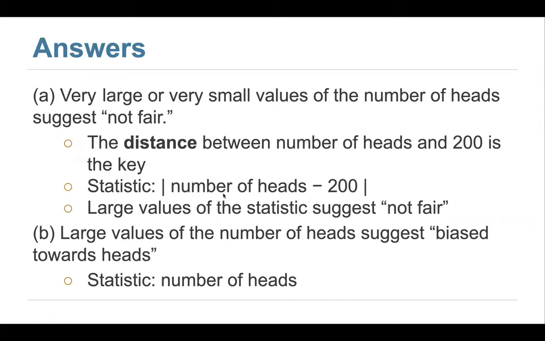In this case, it's an absolute value, so this statistic will never be negative. But basically, closer to 0 would suggest fair, larger values would suggest not fair. And that's going to be the case for both of these, actually. So even in situation B, smaller values of the number of heads are going to suggest more evidence for the model, whereas larger values are going to suggest that it's actually biased towards heads.